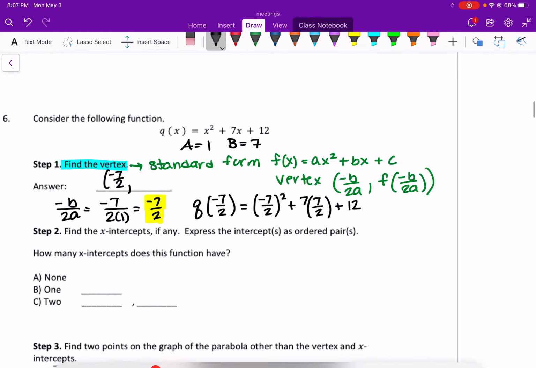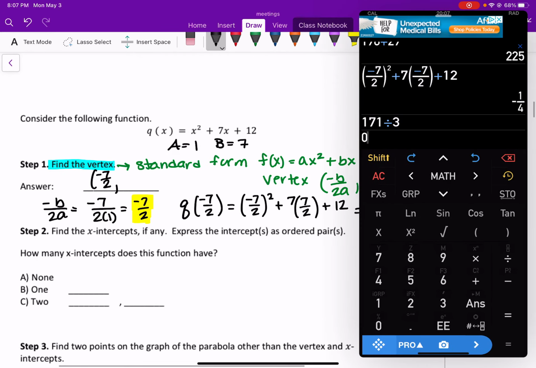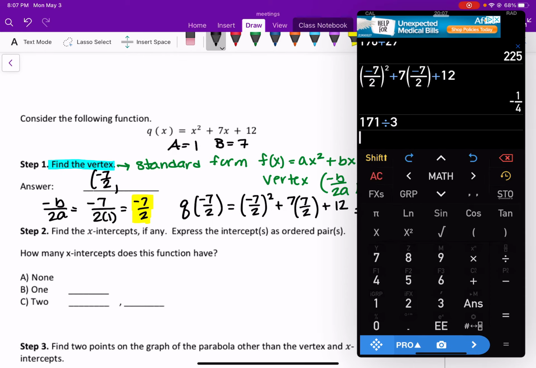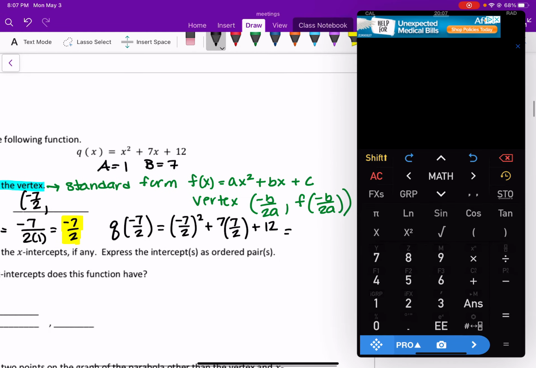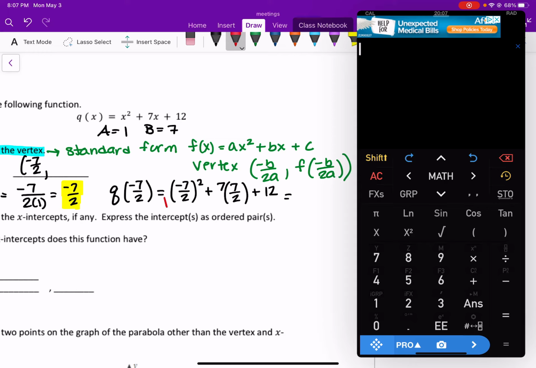Now we can go through the whole process of how you would simplify this down, but I'm going to pull my calculator out, and I'm going to put this entire statement, this whole thing right here, into my calculator, just like you see it on here.